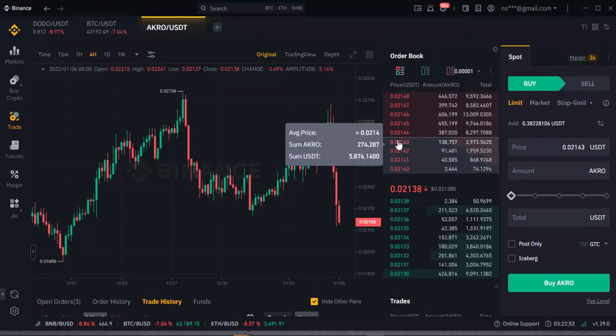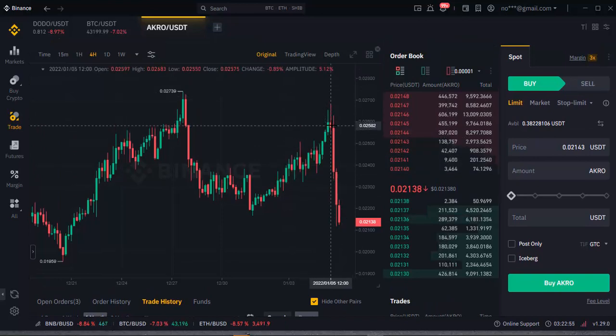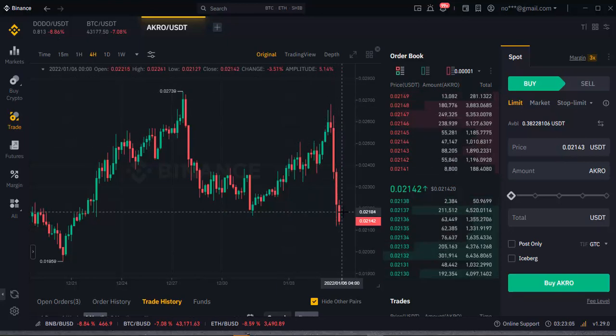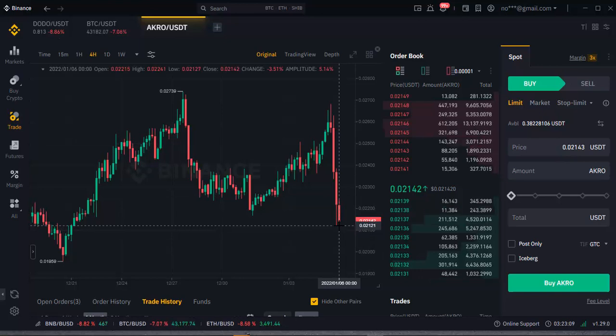Now look at this, this is what I mean. The market fell from this extent. This is a 4 hours chart. The market falls from this extent to here, that's a massive fall.